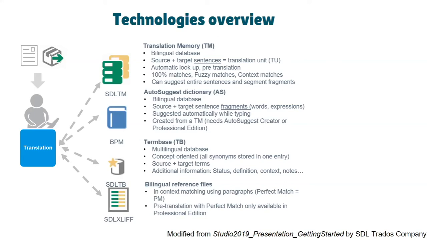In addition, there are bilingual reference files. For example, for context match, we will use paragraph. We call it perfect match. And for pre-translation, perfect match will only be available in the Professional edition.